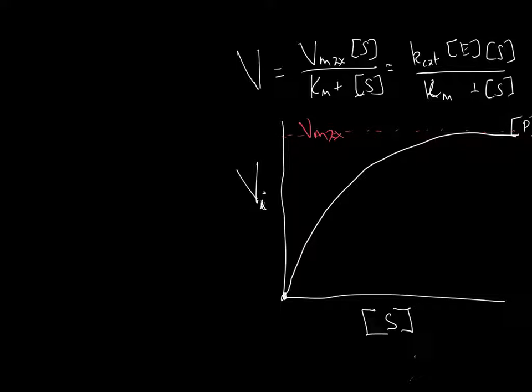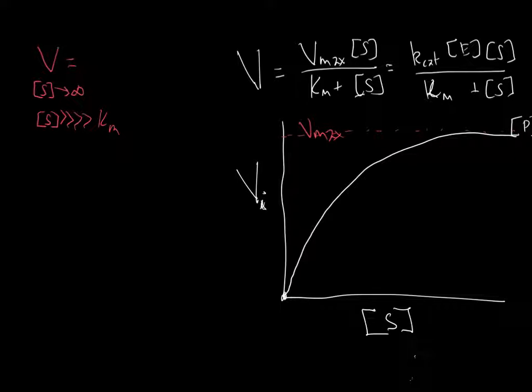So mathematically, what we do is, as S gets really, really, really big, the equation here means, and the way I tried to think of it, because limits sometimes would drive me nuts, is we're saying that the concentration of S is so much bigger than whatever that number Km is.